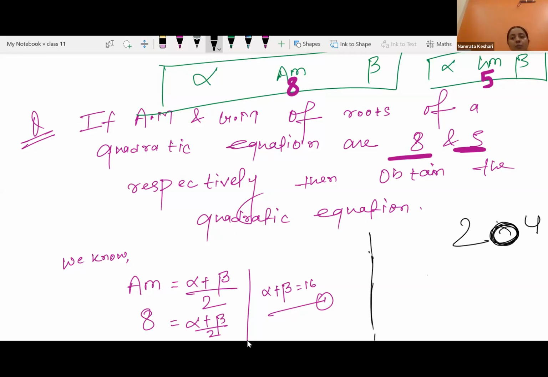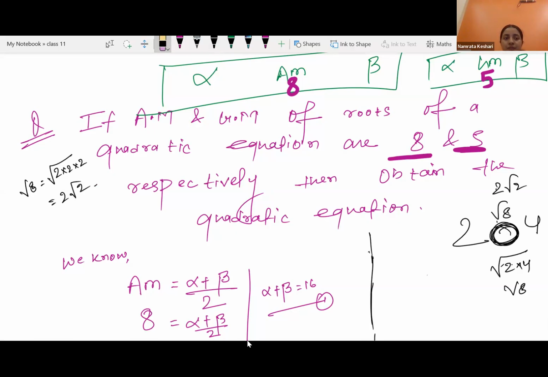How? By using the formula under root 2 into 4, that is root 8. Even though it is in root, it is completely fine. We can write this root 8 as 2 root 2. Root 8 means 2 into 2 into 2, that means 2 root 2, right?